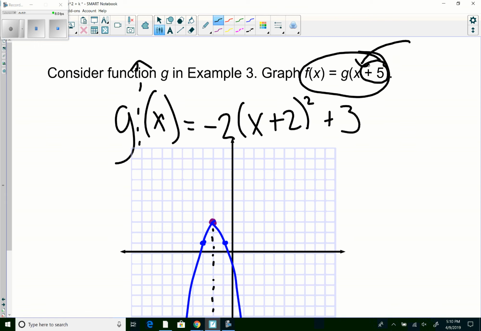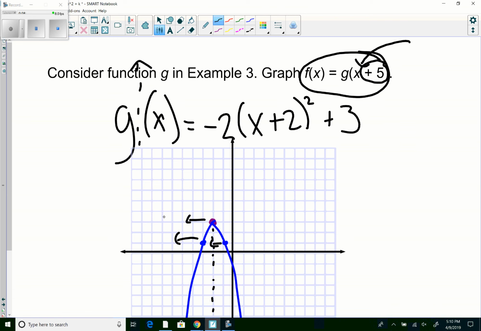Excuse me, left. I meant left, because again, this is inside the parentheses. If it's inside the parentheses, it's dealing with the horizontal shift. So you're taking everything that you've got here and moving it 5 units left.